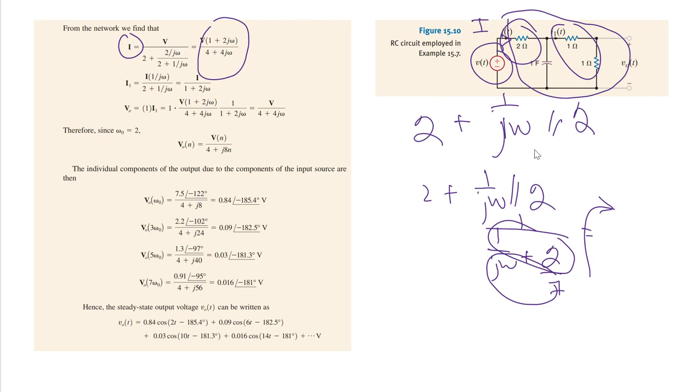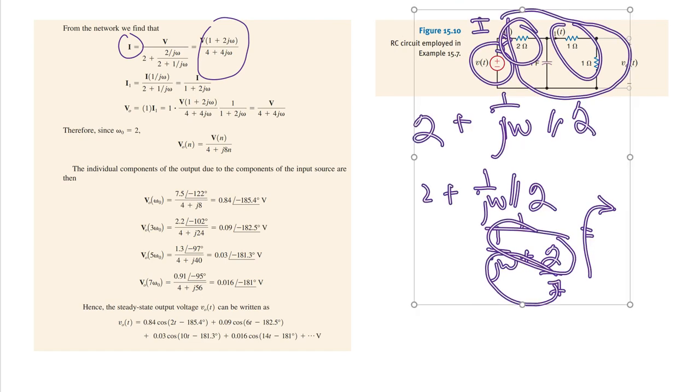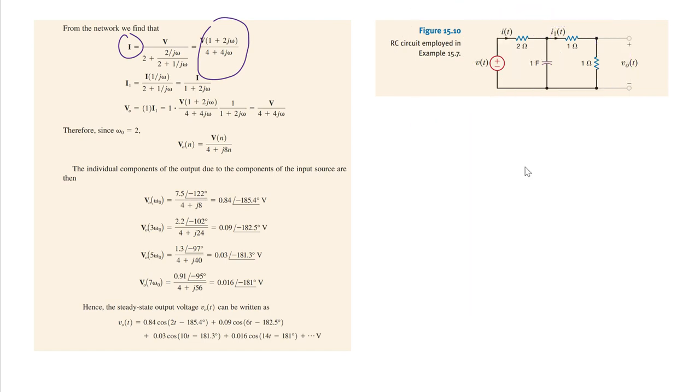If you want to find the current in this output side, we will use the current divider rule, which will use the I1 current as its output, and it will use the I current as its input.